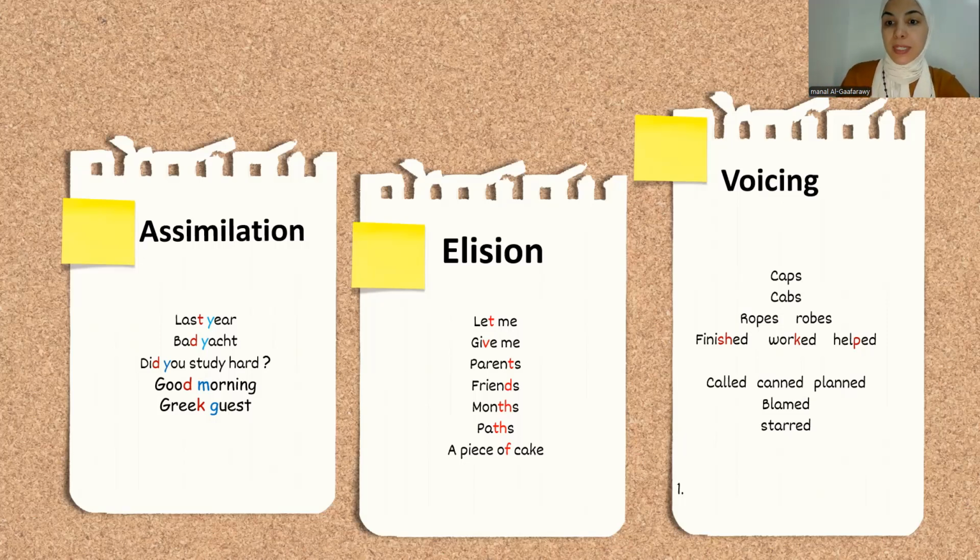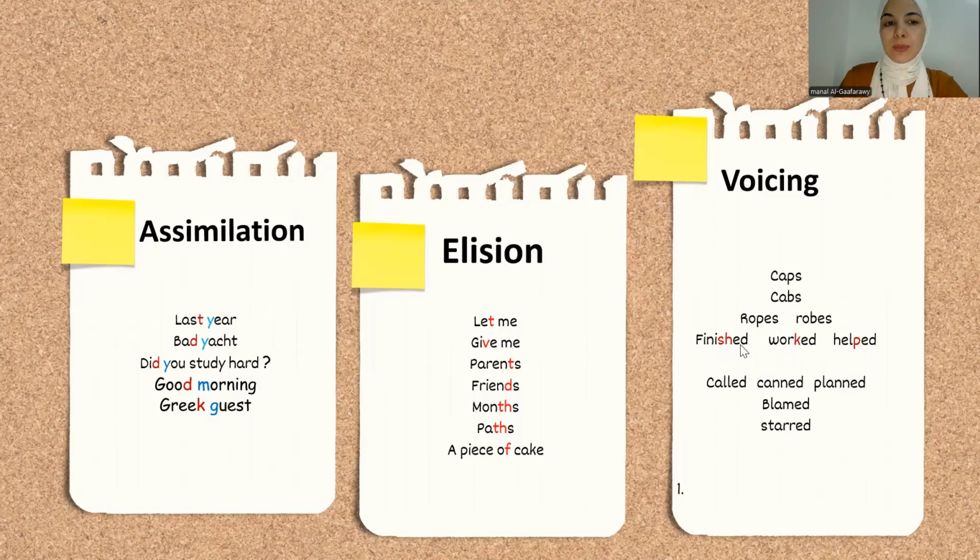And this may cause problems in understanding, because by the end of the day, it's not a matter of accent in pronunciation or in speaking, it's a matter of clarity and intelligibility. And this is the criterion emphasized by Cambridge, that intelligibility and clarity of pronunciation overrides accent.